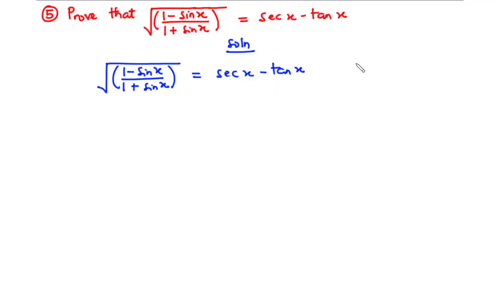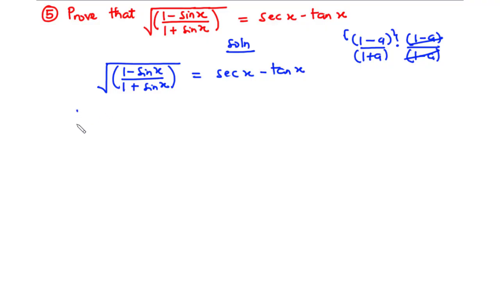Now if you have an expression like 1 minus a over 1 plus a, you can choose to multiply both the numerator and the denominator by 1 minus a, and it's obviously the same thing. If you cancel the two, you still have what you started with at the beginning. So that is exactly what we are going to do here.